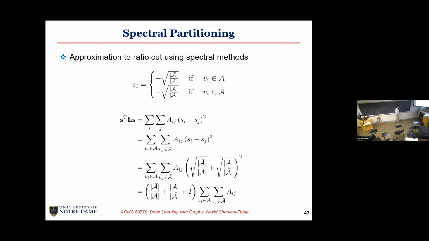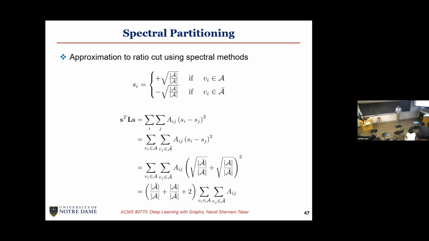this relation. So let's consider a vector Si, where it is defined in this way. I actually forgot to fix this. So it is A bar over A, and this is A over A bar.